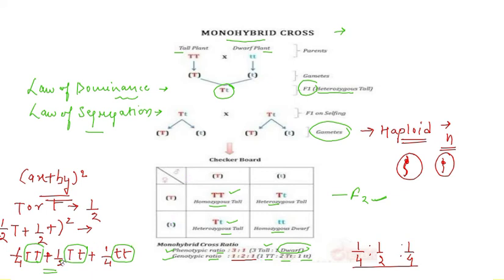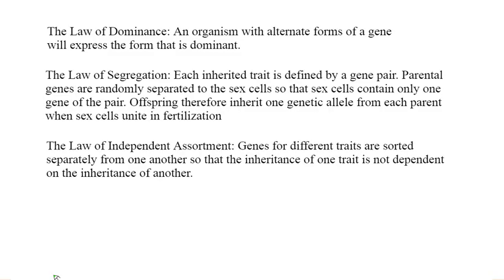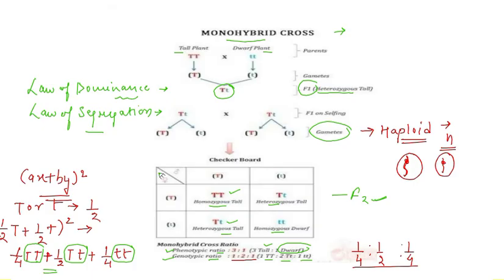So here we are done with the monohybrid and dihybrid cross children in detail, and let us quickly discuss what the law of dominance, law of segregation, law of independent assortment they are. See, I told you in great detail what the law of dominance is: when we cross plants, in the first filial generation only one character appears, and the character which appears is said to be dominant.